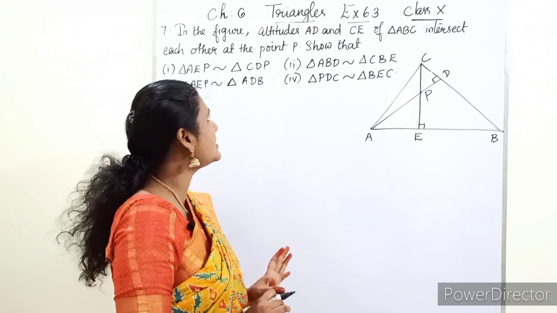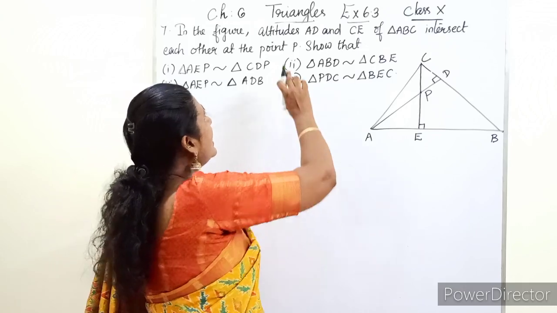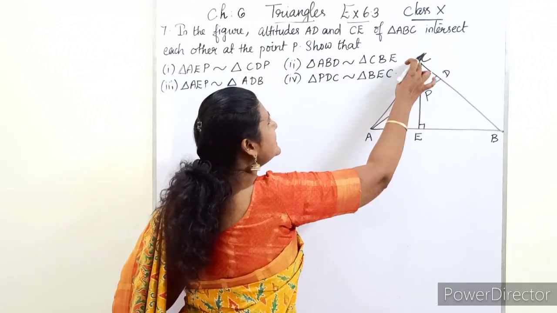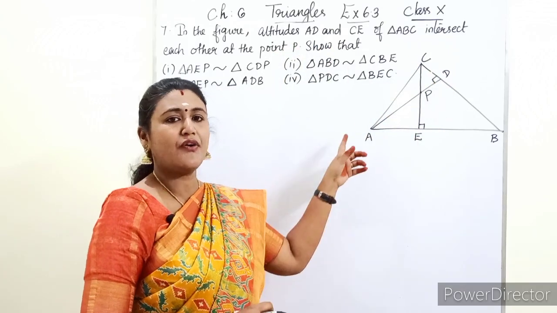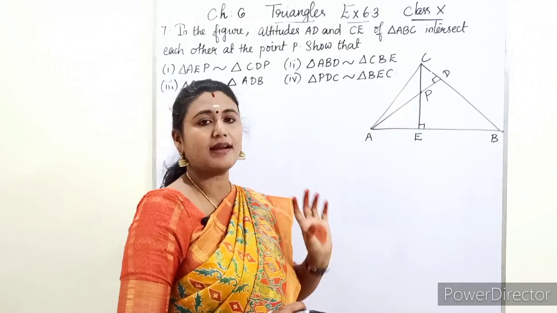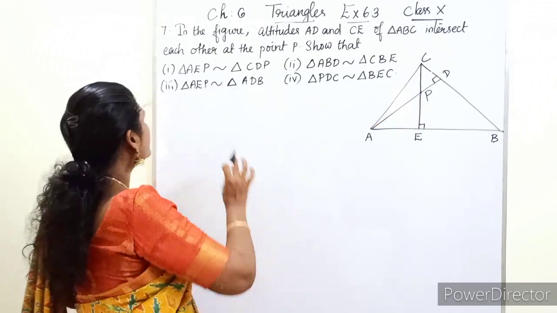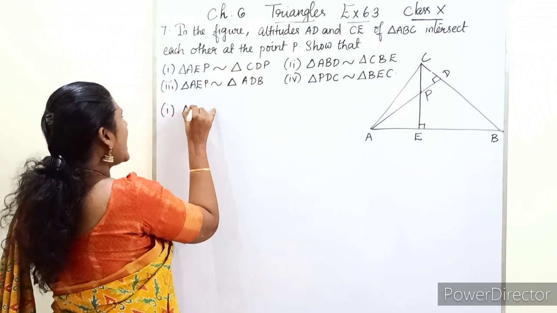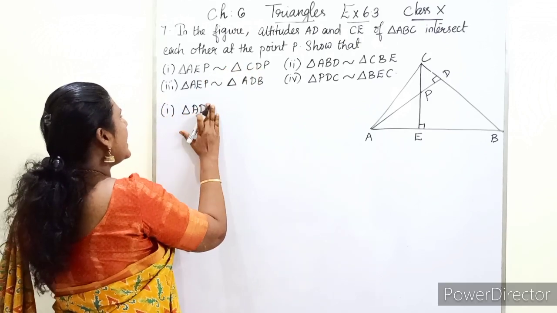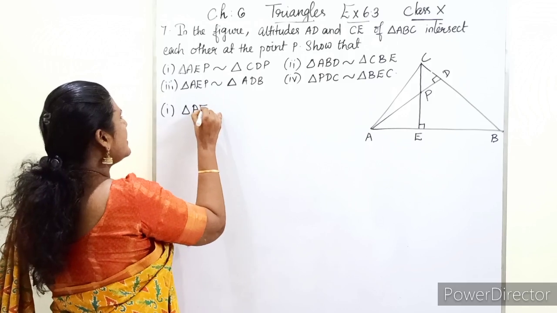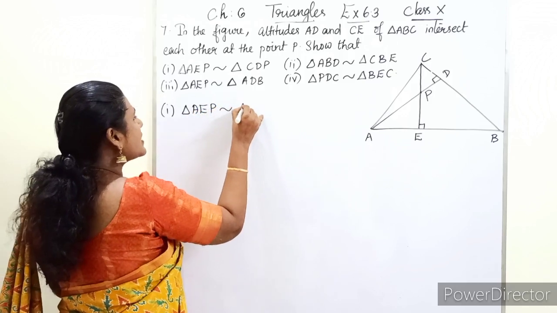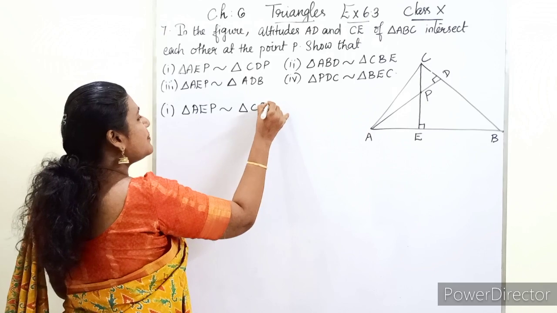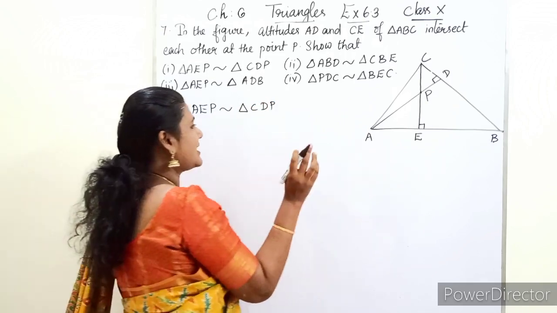So only one condition is given. Altitude AD and CE are the altitudes of this triangle which intersect at the point P. So first we will take the first subdivision, that is we have to prove triangle AEP is similar to triangle CDP.